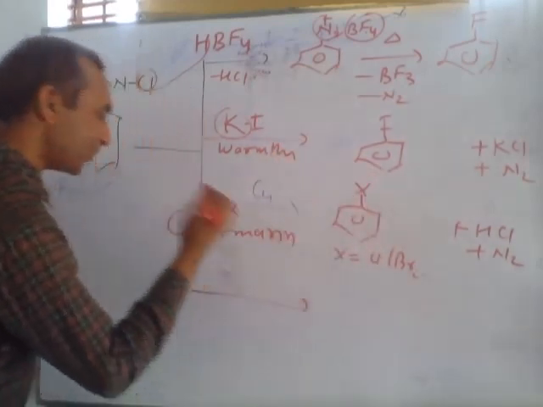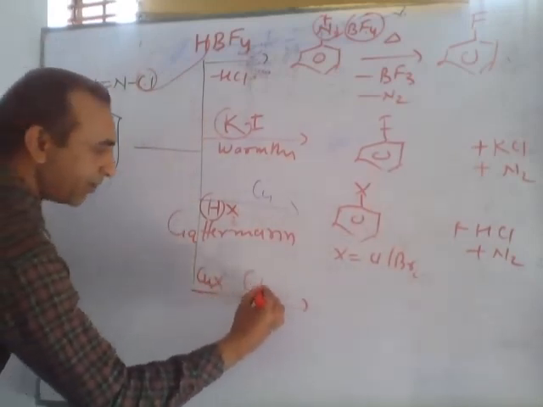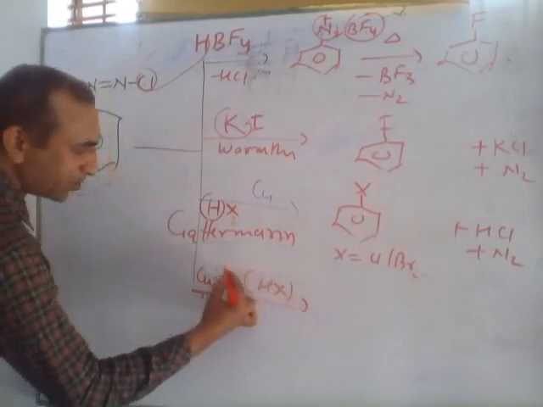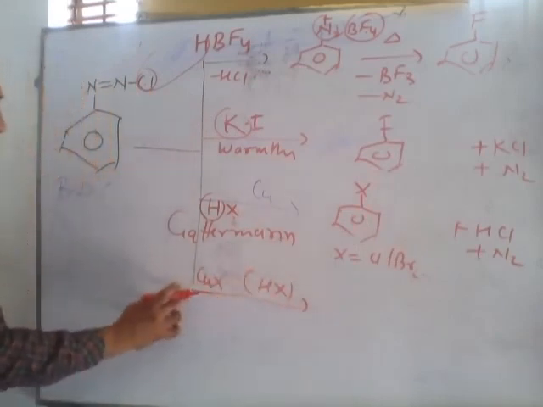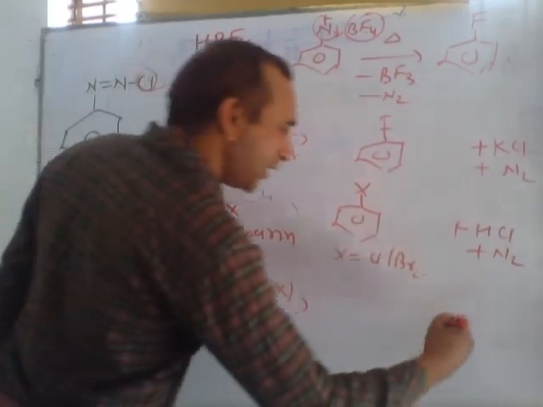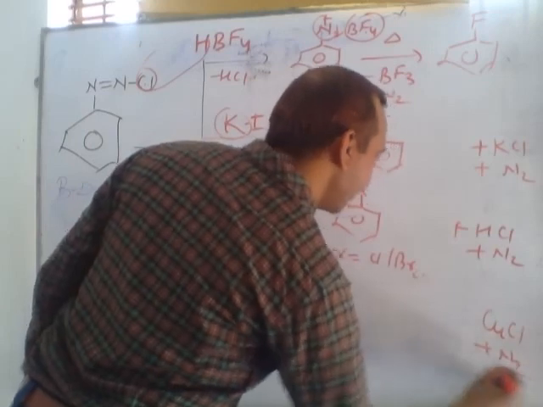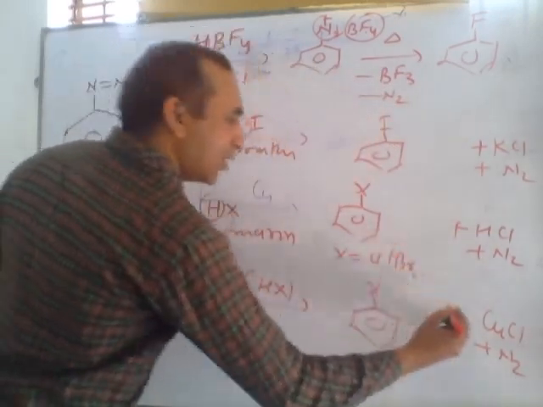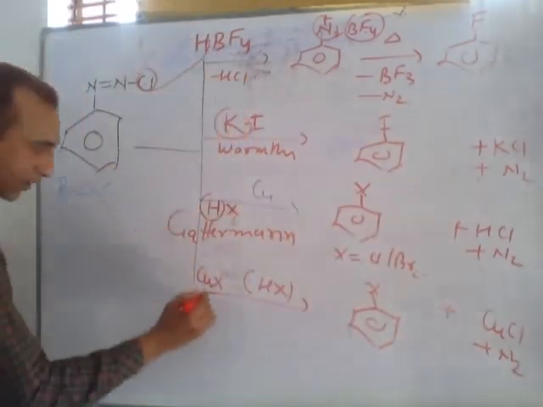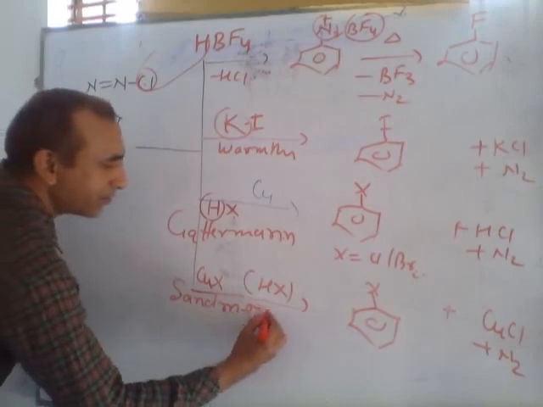Listen, if we are reacting CuX with HX, in these two X should be the same. In presence of this, we are reacting CuX, cuprous halide. Then in this reaction, CuCl along with N2 and X, these two reactions are similar. The last reaction is called the Sandmeyer reaction.